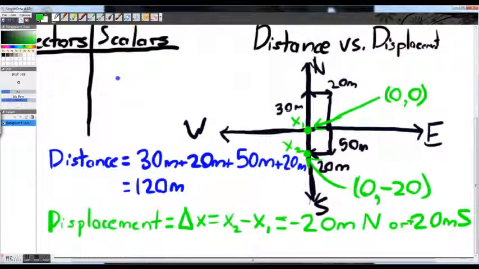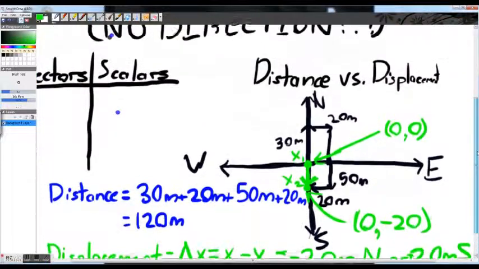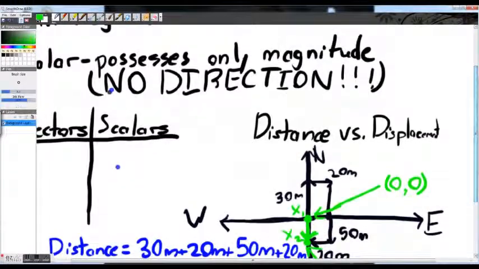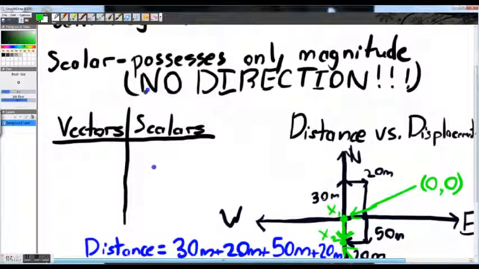So, displacement from the starting point is, of course, a vector. As you can see, we had to assign a direction to it. And as you can see, this would be the displacement vector. So let's go back to the black.